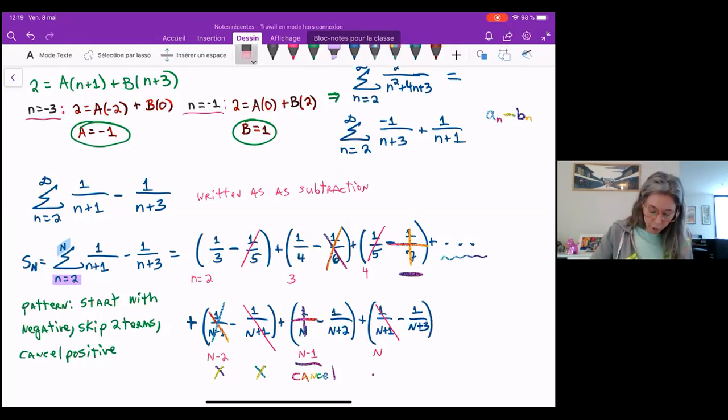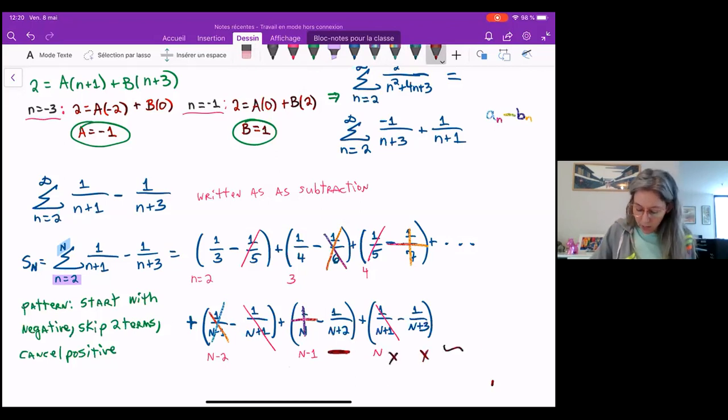If I were to keep doing this, my next negative would be negative 1 over n plus 2. My next negative that's not canceled. So then I would skip 2, except when I get to the thing I want to cancel, there's nothing there. So what that means is I'm going to keep the negative 1 over n plus 2.